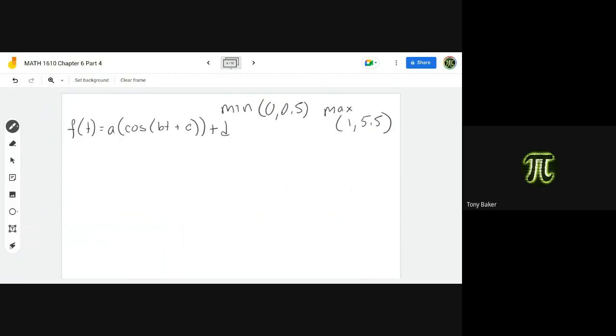All right. So first thing I have to figure out is my amplitude. In this problem, I'm going from a low point of 0.5 up to a high point of 5.5. So what's my amplitude?